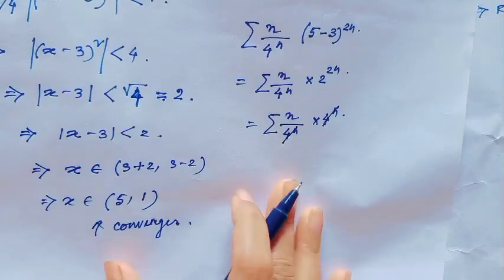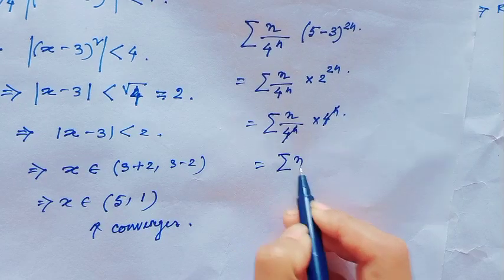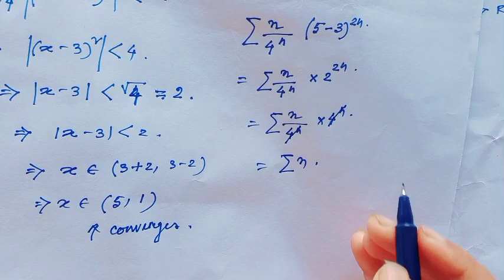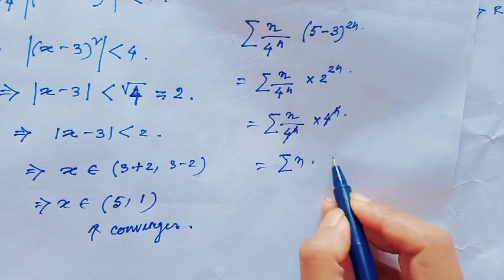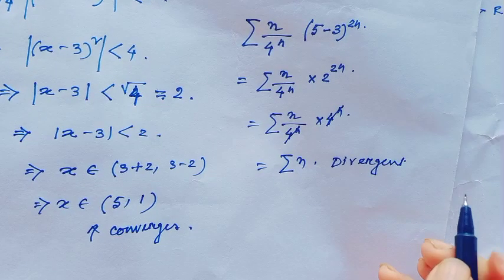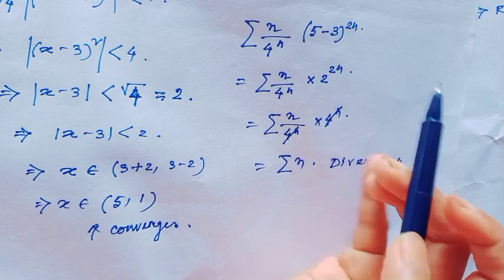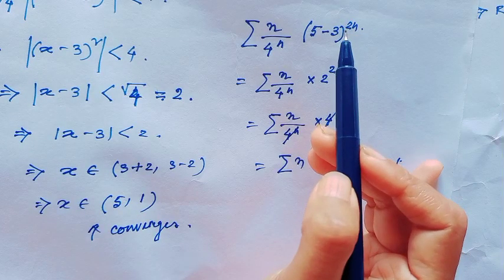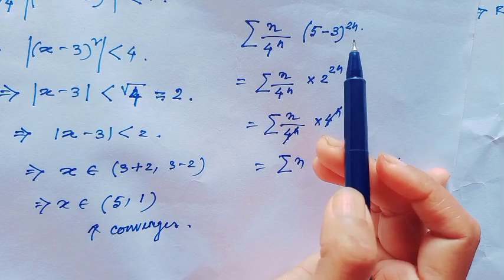Just omit this part, that means this is actually the series n. And this series n is always a divergent series. So, at the point x equal to 5, the series cannot converge.